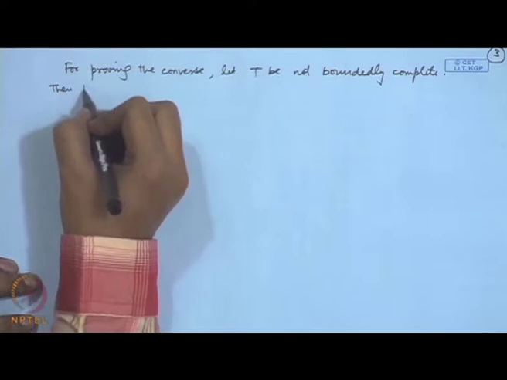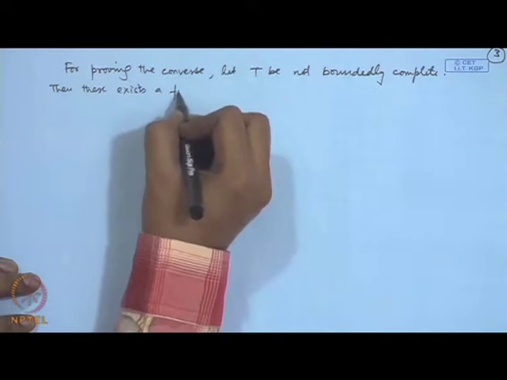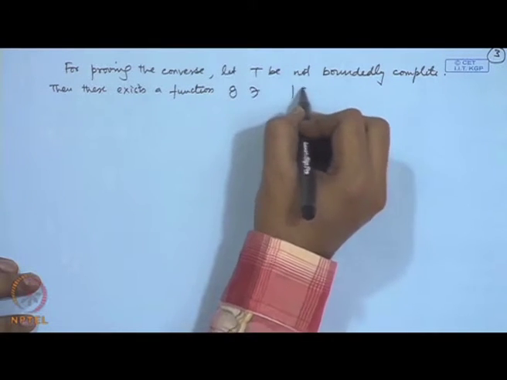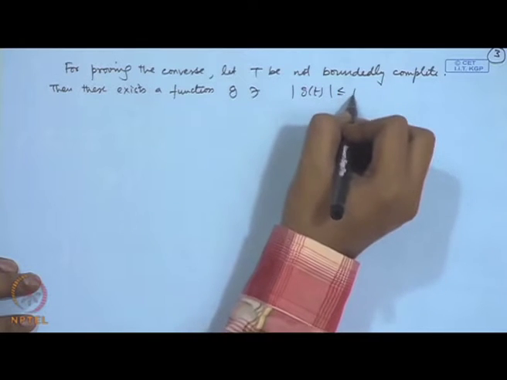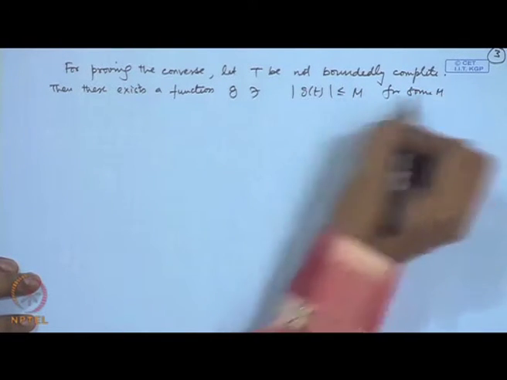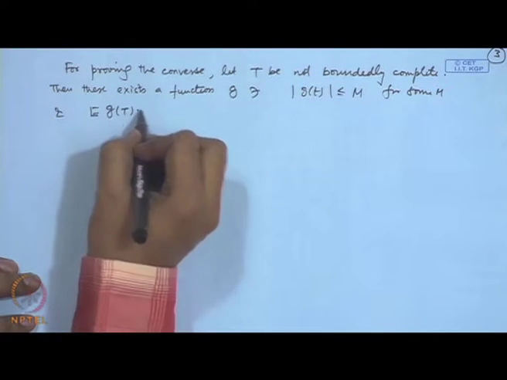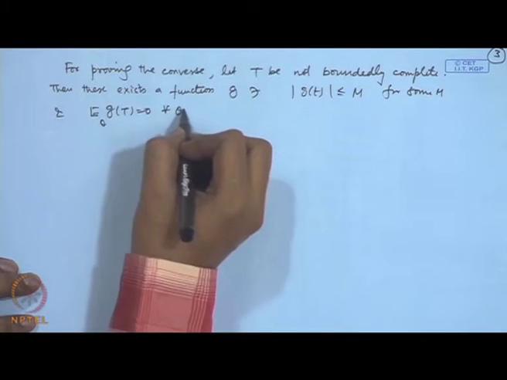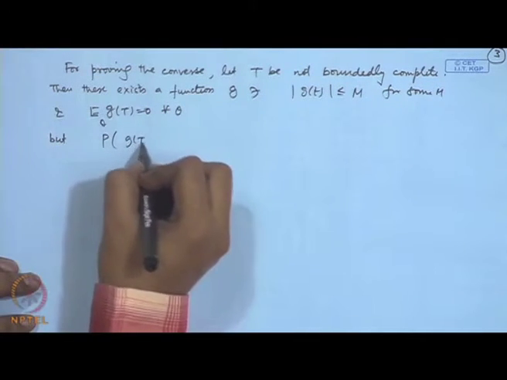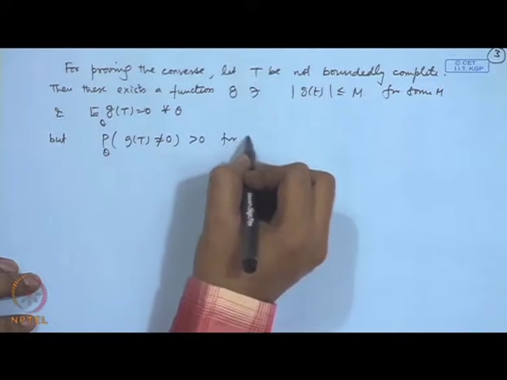Then there exists a function, say g, such that g is bounded and expectation of g T is equal to 0 for all theta, but probability that g T is not equal to 0 is positive for some theta.